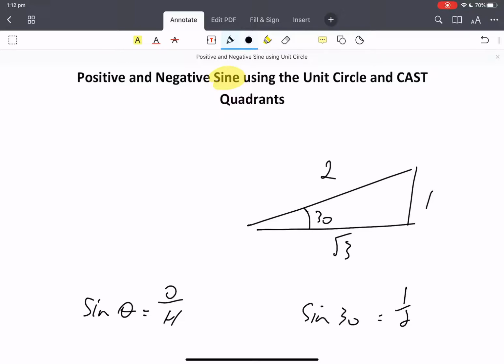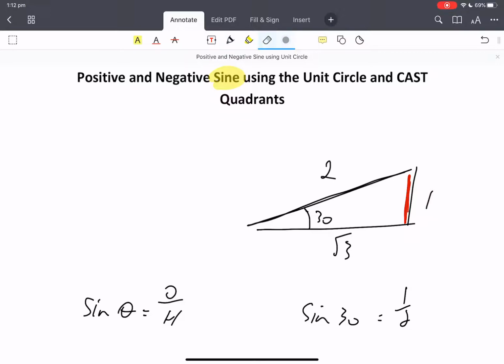We get that, don't we? It's O. Now remember, in that last video my vertical line was red, so I'll keep that red. So it was the length of my red side over my hypotenuse. And that was my terminal ray.